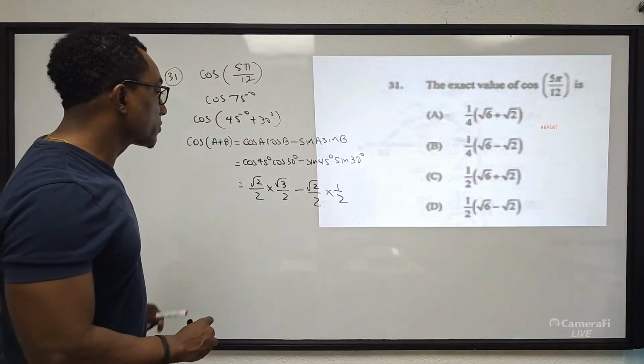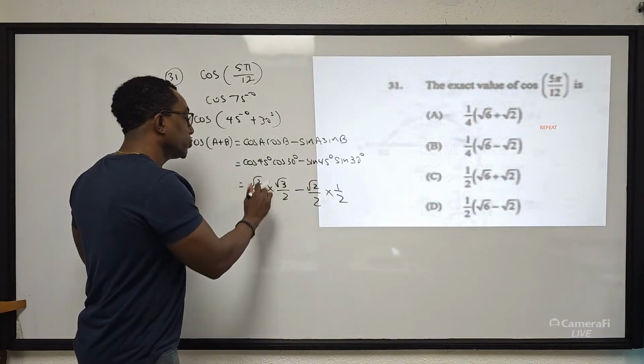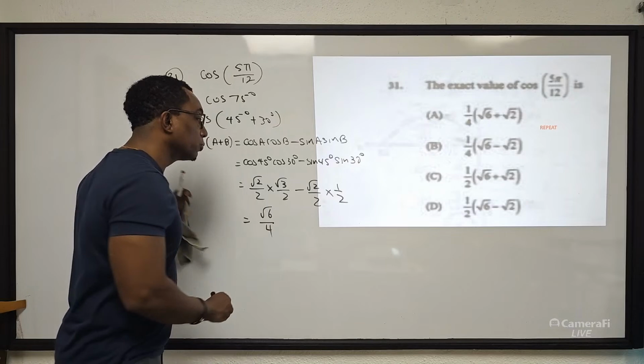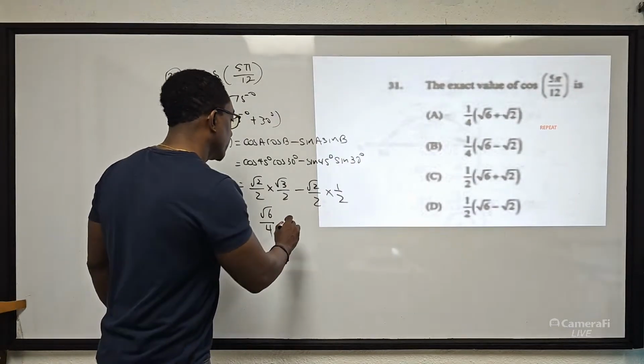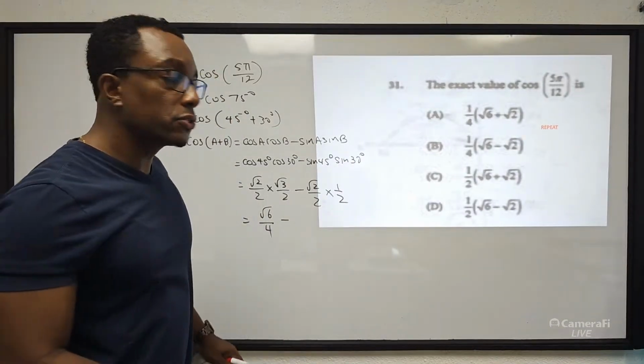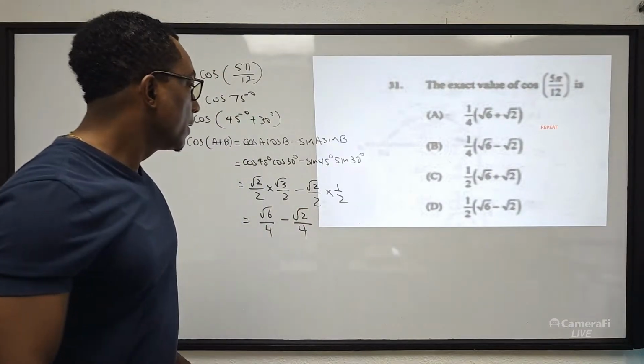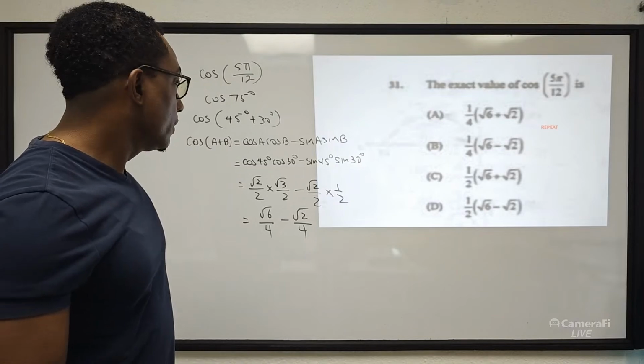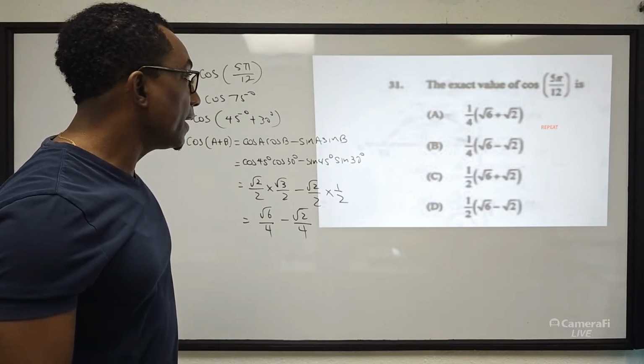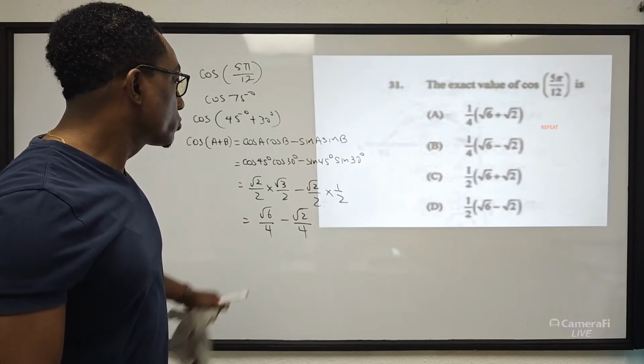So let's simplify this. The square root of 2 by 3 is the square root of 6, 2 by 2 is 4, subtract the square root of 2 by 1 is the square root of 2, and 2 by 2 is 4.